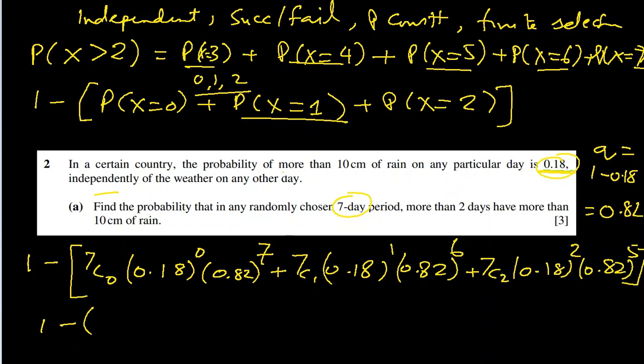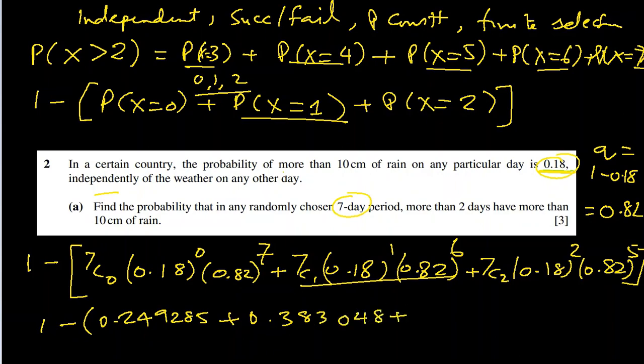So the first one I get 0.249285. Now for this one I get 0.383048.